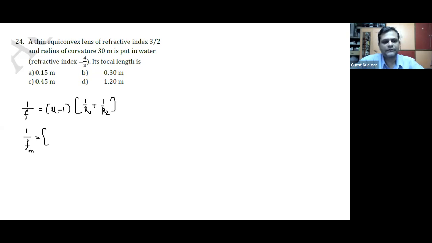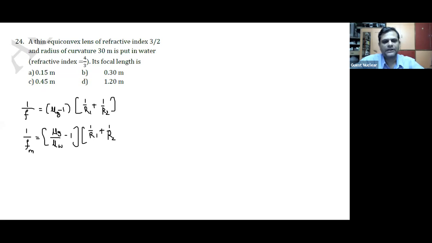Here it will be the refractive index of glass with respect to water, meaning mu g upon mu w, and then minus 1, into (1 upon r1 plus 1 upon r2).